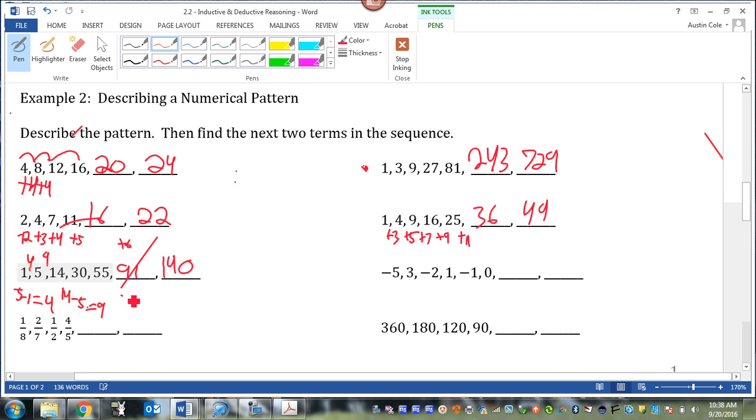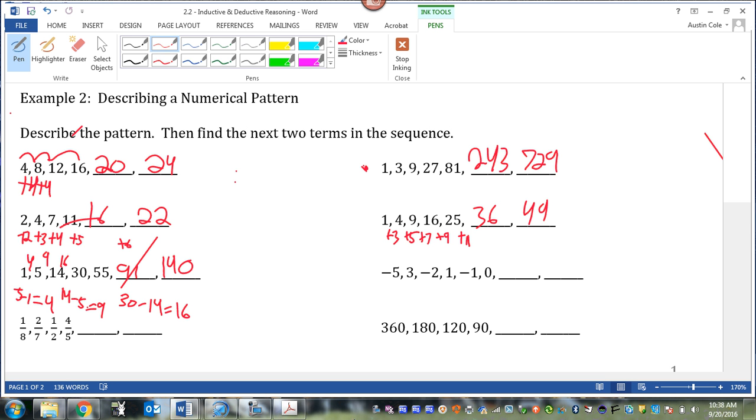Look at the next one. 30 minus 14 is equal to 16. So what you're seeing here is 4 is 2 squared, 9 is 3 squared, 16 is 4 squared. So these are your perfect squares. So it's going up by each one of those. The next time, it's going up by the next one. Does that make sense? Yeah.